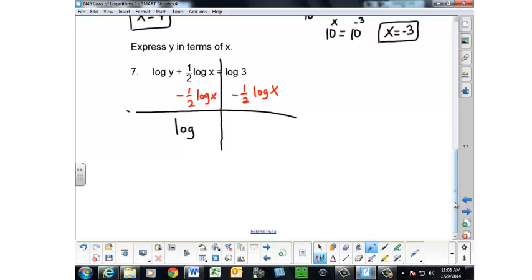So that gives us log y equals log 3 minus 1/2 log x. Okay, remember we're working backwards from the law of logs. Since it's a subtraction problem, we need to build a fraction here. And they all have the same base, so that allows us to do that.